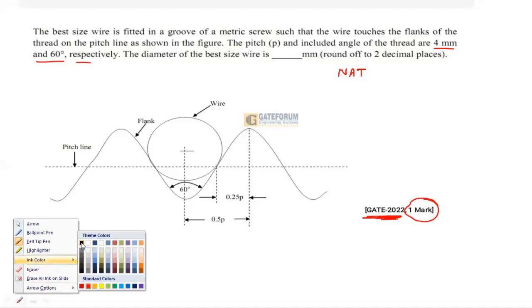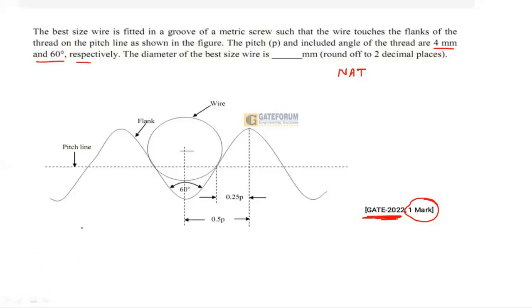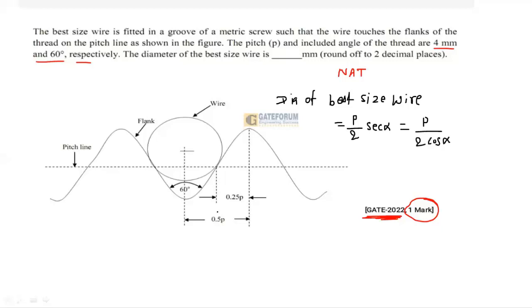So, my dear friends, what is the diameter of the best size wire? Just keep in mind, the diameter of the best size wire is always given by P upon 2 sec alpha, or we can say, P upon 2 cos alpha. Here, this angle is called the included angle, and 2 alpha is the included angle.